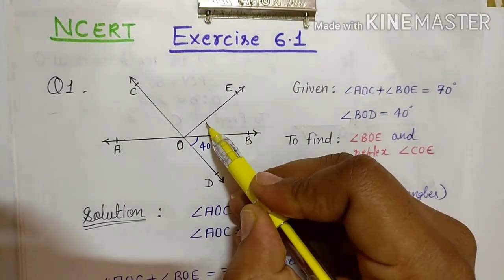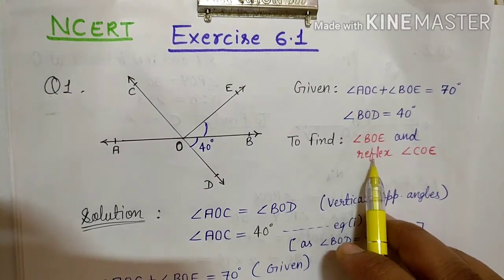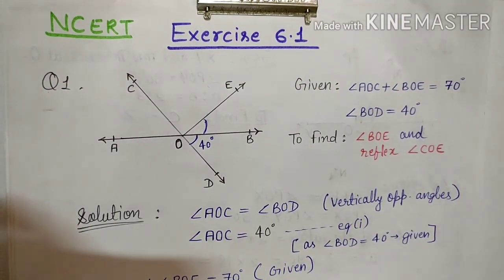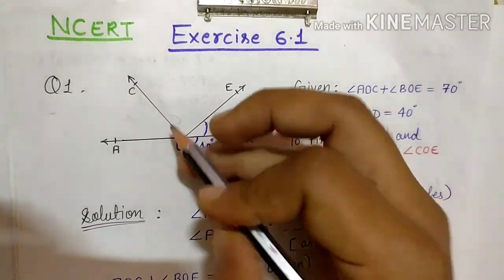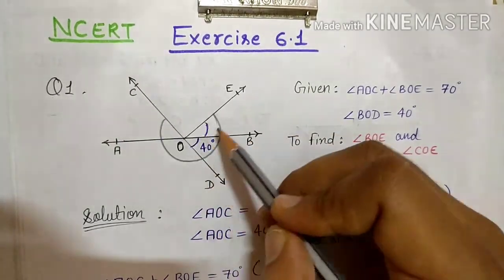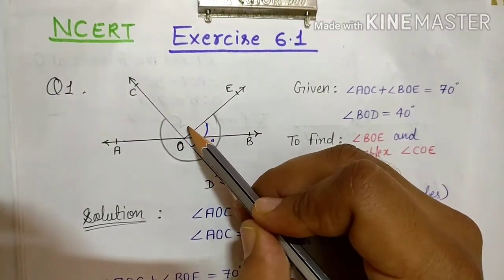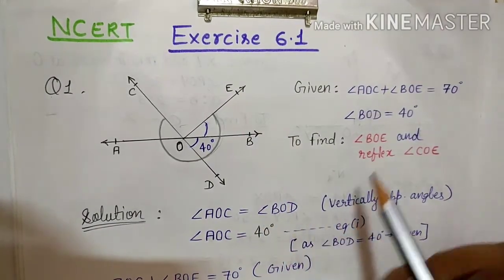We have to find angle BOE, and also the reflex angle COE. Reflex angle COE means leaving the angle COE, the full remaining angle is called reflex angle COE. So let's find out.